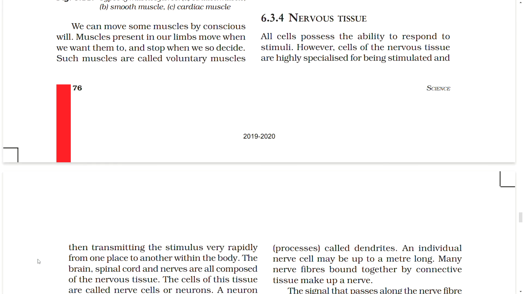6.3.4 Nervous tissue. All cells possess the ability to respond to stimuli. However, cells of the nervous tissue are highly specialized for being stimulated and then transmitting the stimulus very rapidly from one place to another within the body. The brain, spinal cord, and nerves are all composed of nervous tissue.